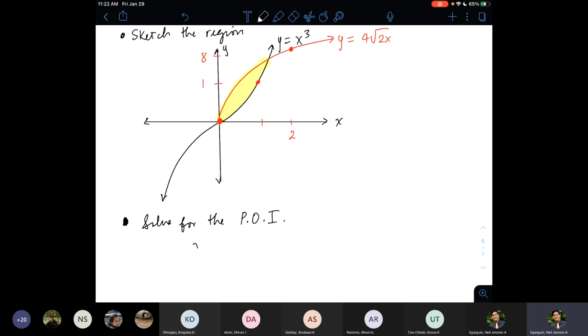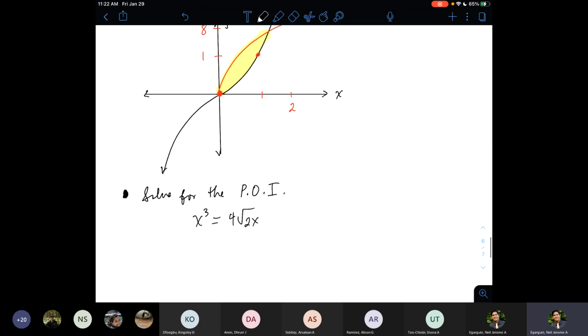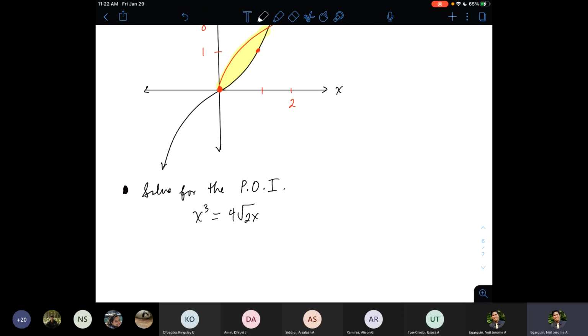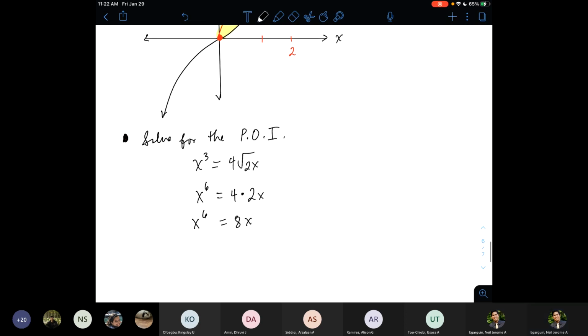So I have y equals x cubed. Then I have y equals 4 root of 2x. And then what can I do here? I can get rid of the square root first by squaring both sides. So I'll have x to the 6th equals 4 times 2x. So I'll have x to the 6th equals 8x.